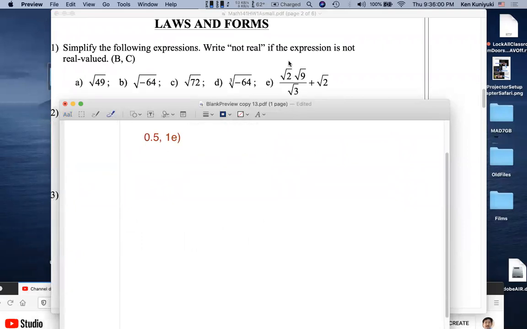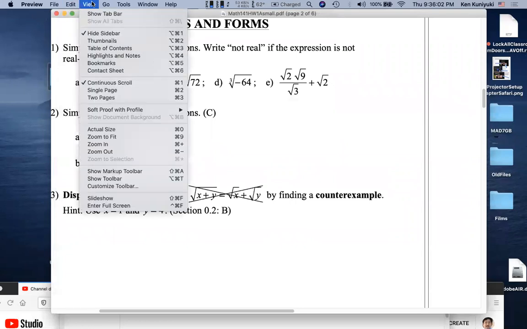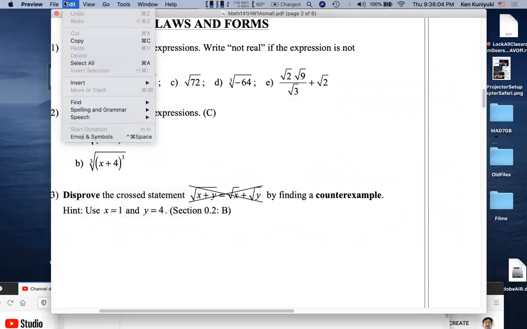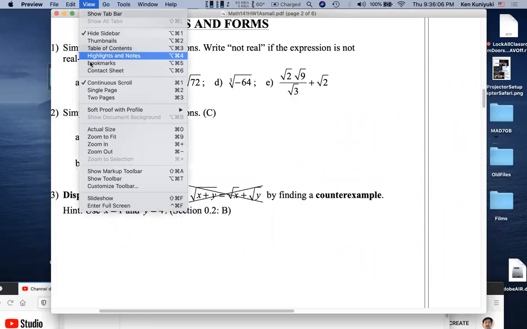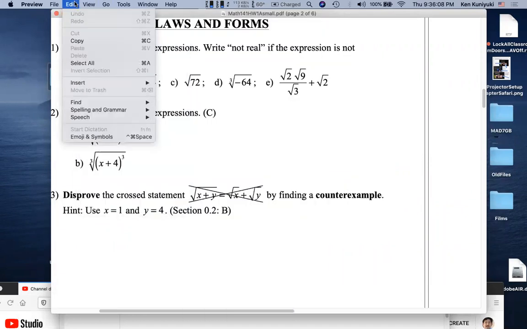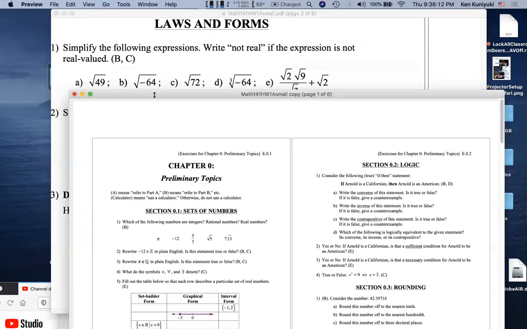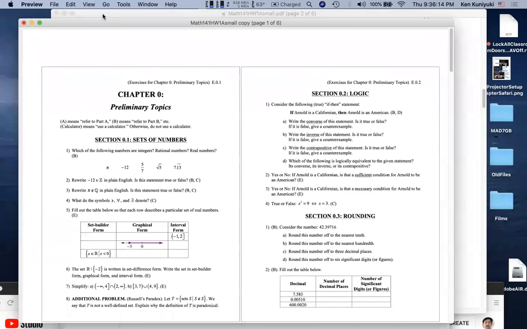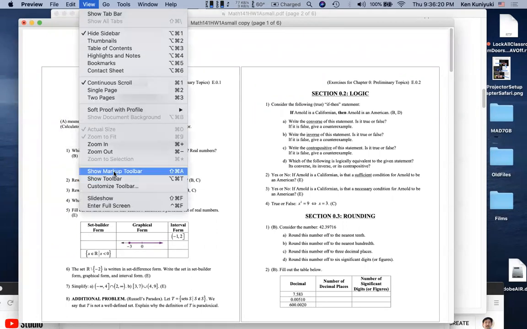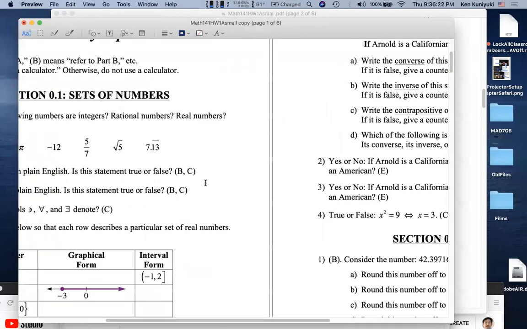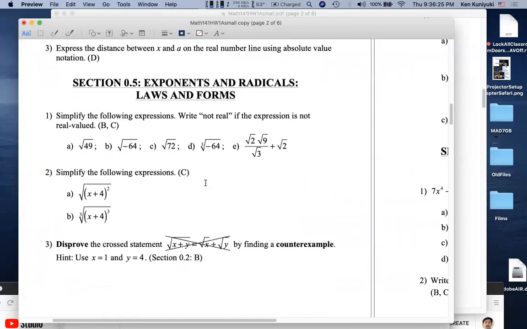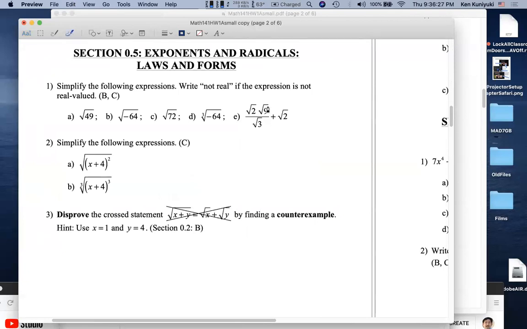Okay, so over here, this one over here, right? I'm going to go ahead and duplicate this.